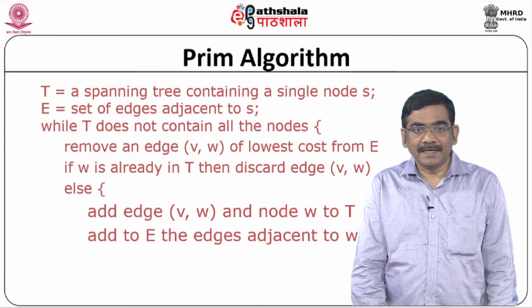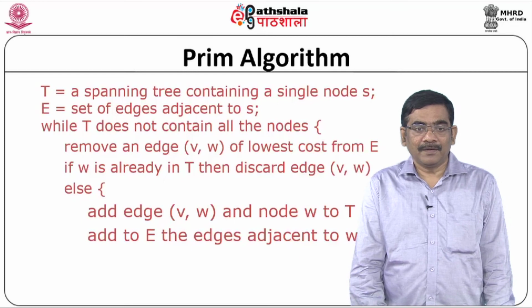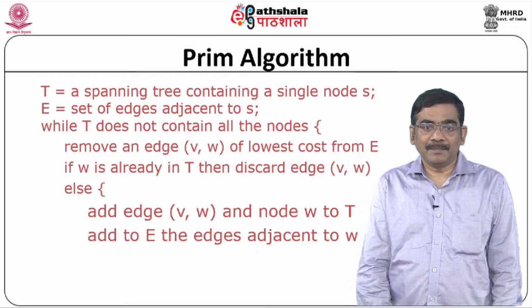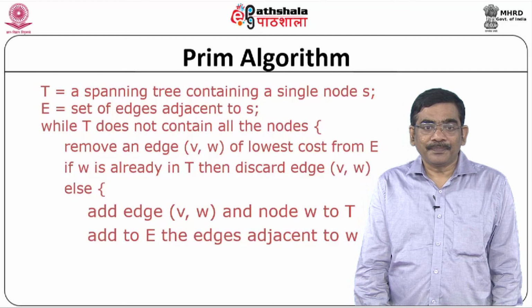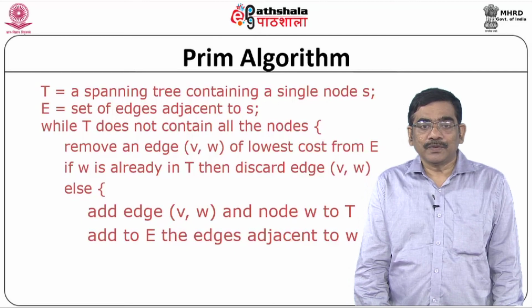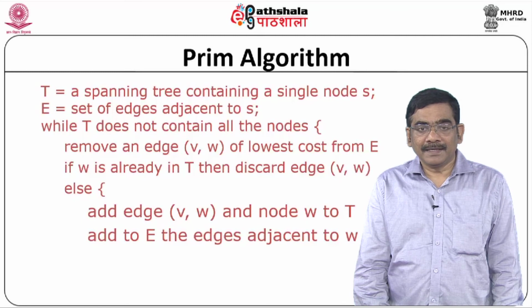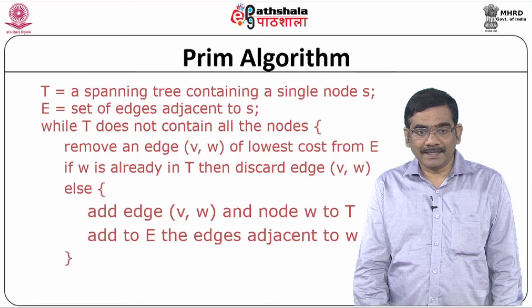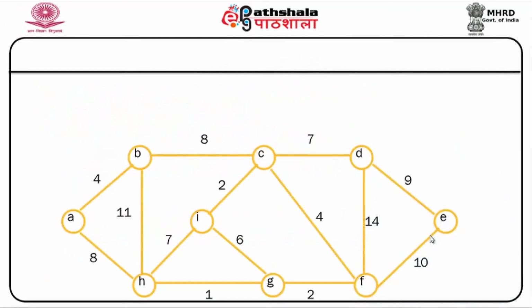We can start anywhere in Prim's algorithm, and E is the set of edges that are adjacent to S. I take an edge and check whether it is already there. If so, I discard it, otherwise I add it. So, this is the informal algorithm of Prim.